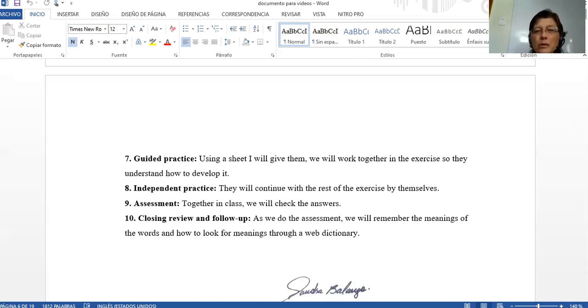And to review, as I close, while we're checking, I will be reinforcing the fact that there's a way to learn the meaning of the words, which is through a dictionary, or maybe if they don't have a dictionary on hand, they can find out most of the meaning of the words through context by reading the sentences and trying to define what the sentence is talking about.